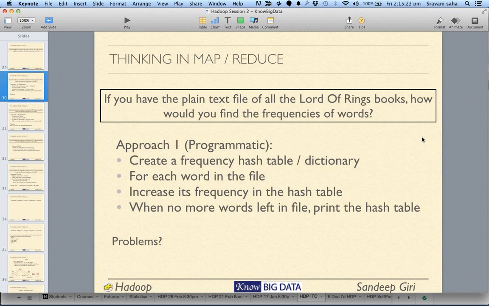Seek is independent of the number of items in the dictionary. That is the beauty of a dictionary. Seek is O(1), which means it is independent of the number of items in the dictionary, and that is why the dictionary is a very important data structure in computing. So seeking is pretty fast.